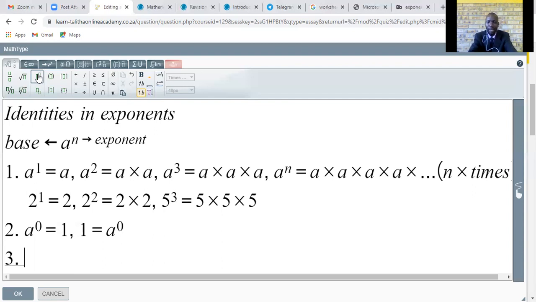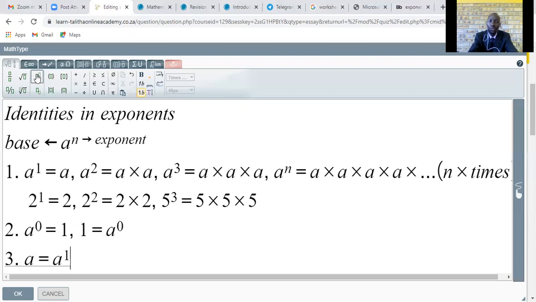For example, let's say we have A. Can we express A as a letter with an exponent? That's the question. Well, it turns out that this is very possible. We can express this with an exponent, and so A can be written as A with an exponent of 1.